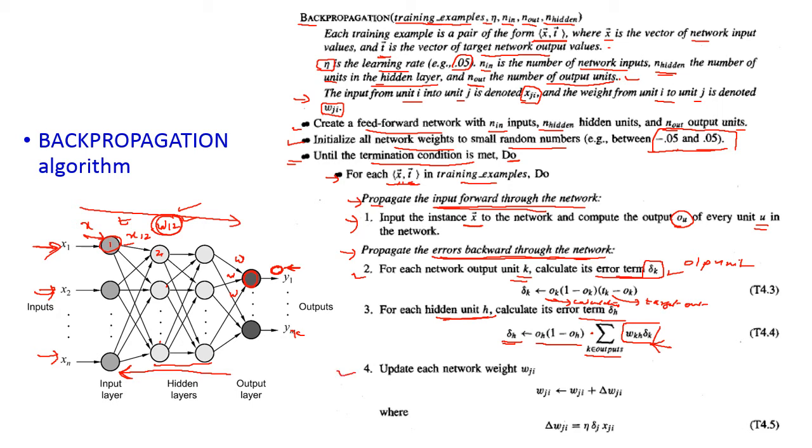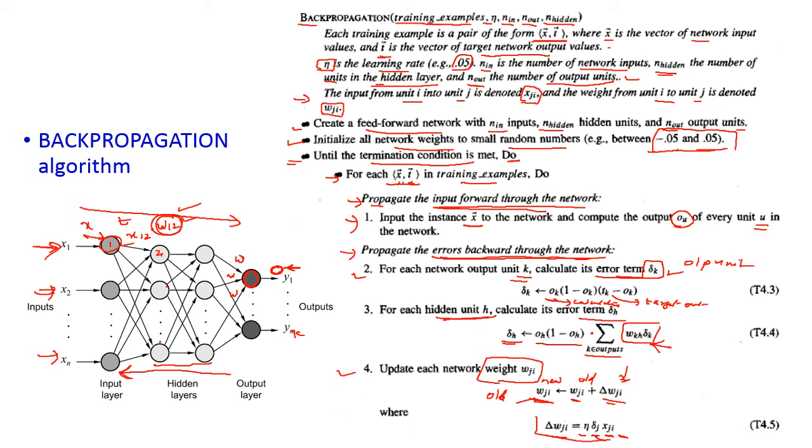Then update each network weight. w_ji, the old weight, will be updated; this one is the new weight and this one is the old weight, and this is delta w_ji, which is computed from the network, where delta w_ji is equal to the learning rate times delta j, that is the error term, times the input of the corresponding node unit.